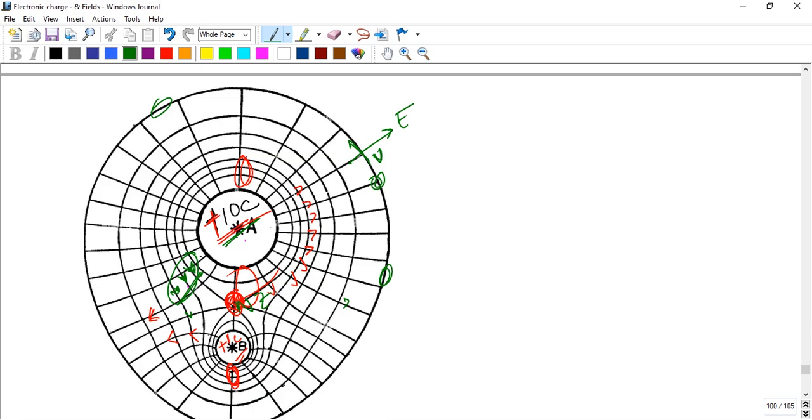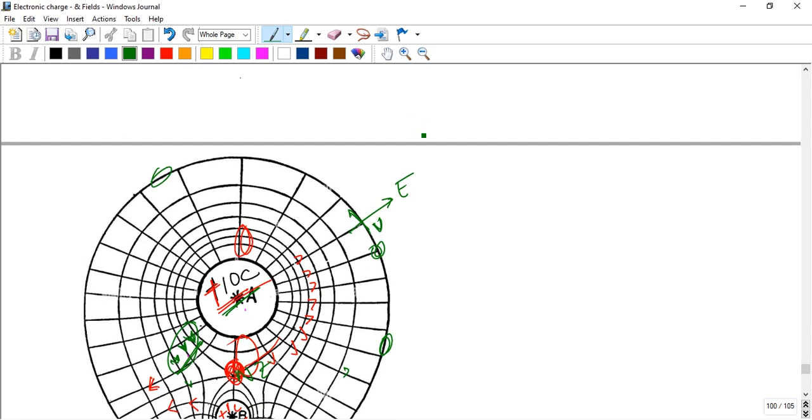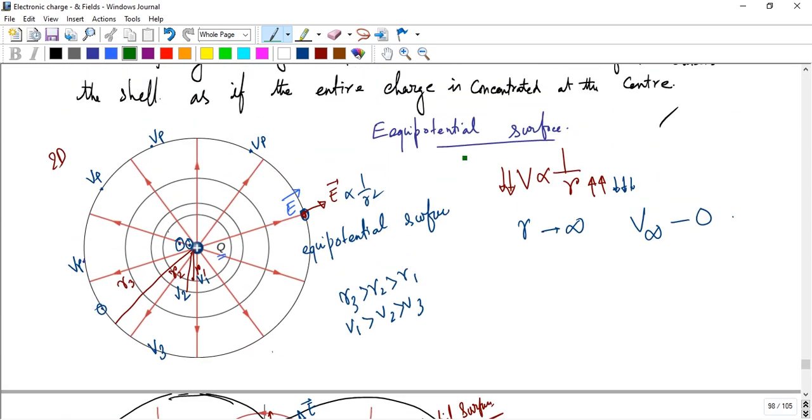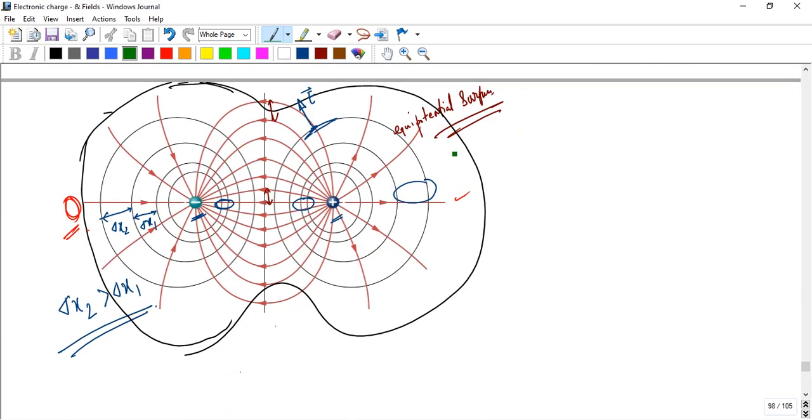And what is the equipotential surface? The potential is the same at every point on that surface. Okay, so write down some notes here.